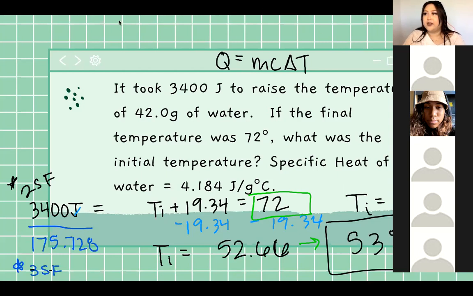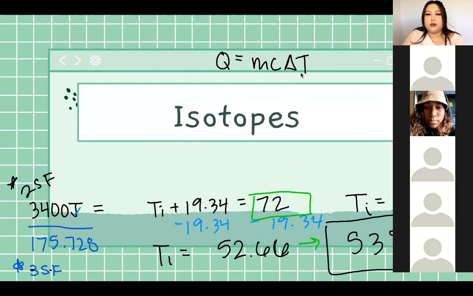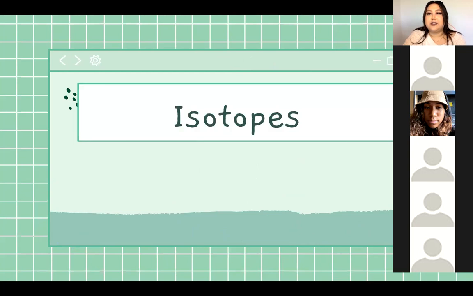No. Okay. So I think we can move on to isotopes. For isotopes, it's the element, but what changes? The number of protons, the number of neutrons, or the number of electrons? The electrons.